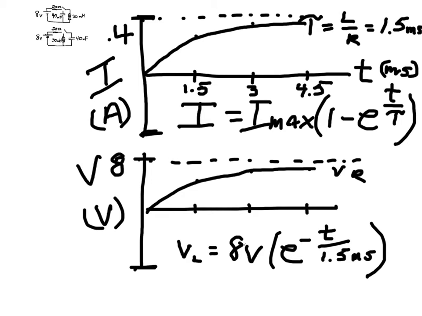It starts at 8 volts because in the beginning, remember, the voltage across the inductor depends on the di dt. So this starts high and decays exponentially towards 0. And notice that the sum of these two voltages at any point will add to 8 volts.